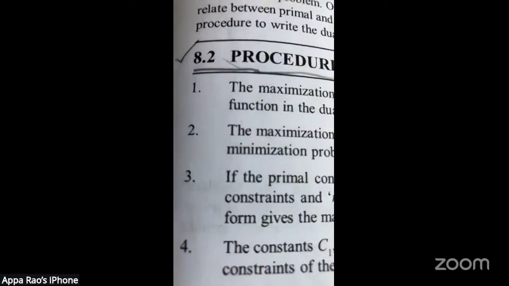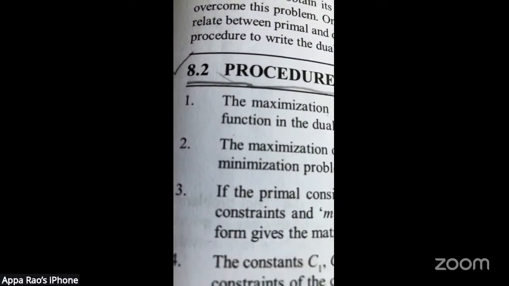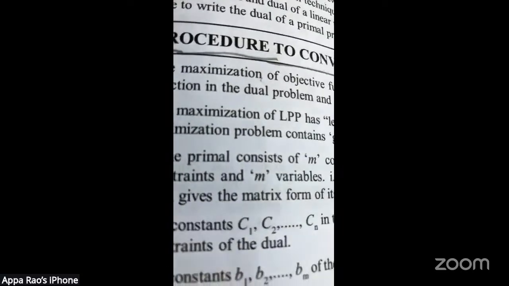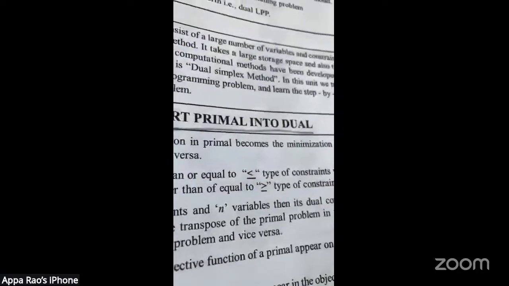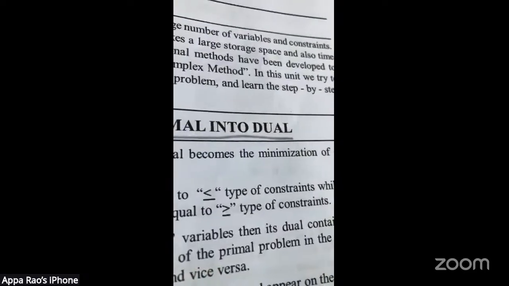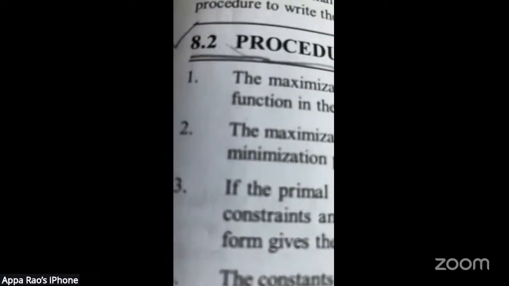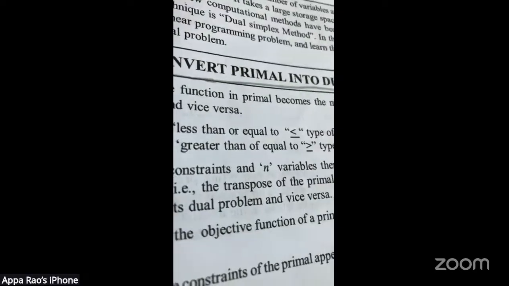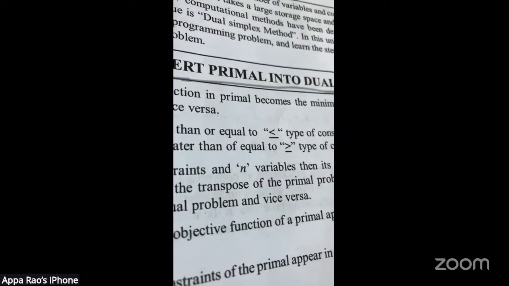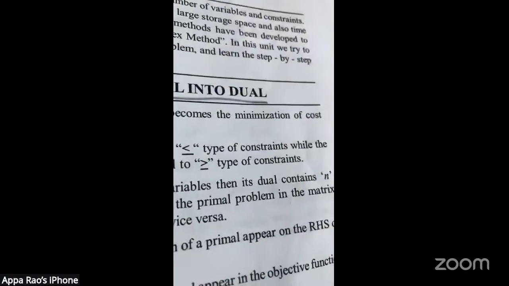If maximization is there, we have to convert it into minimization. Second point, the maximization LPP has less than or equal to type constraints, while the minimization problem contains greater than or equal to type constraints.